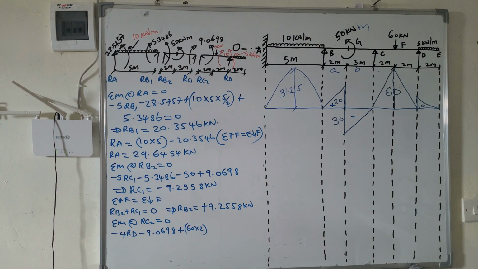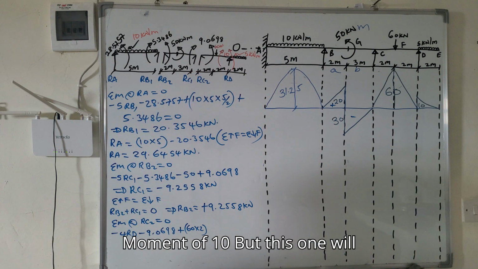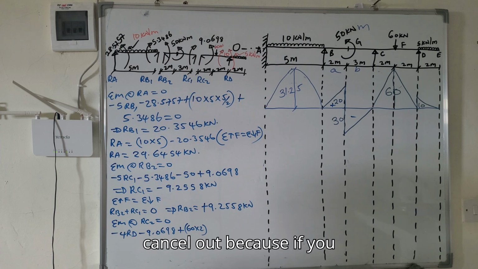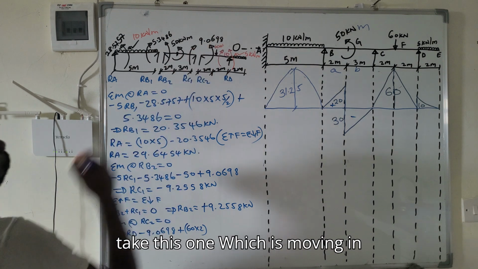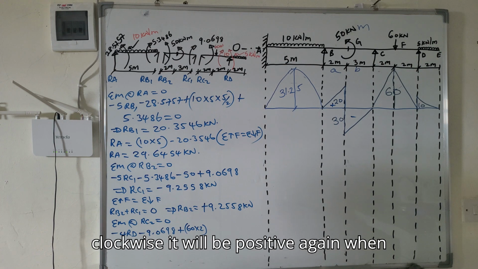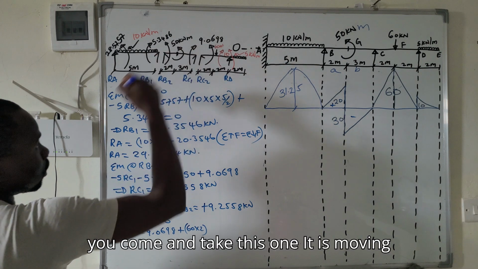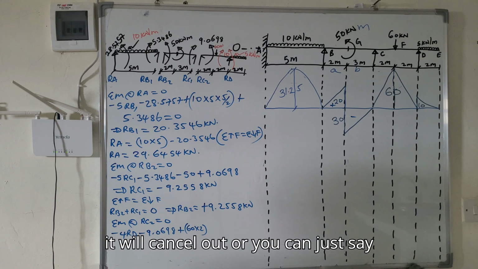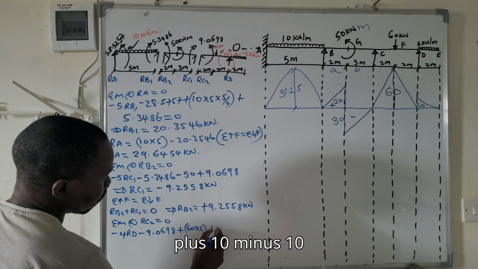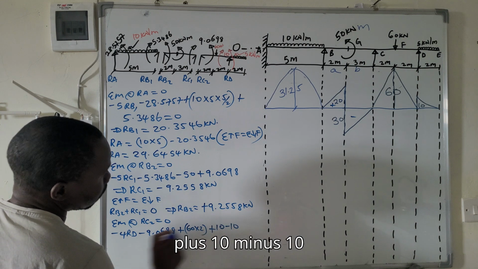Again, we have a moment of 10, but this one will cancel out, because if you take this one, which is moving in clockwise, it will be positive, and again you take this one, which is moving in anticlockwise, it will be negative. So it will cancel out, or you can just say plus 10 minus 10.